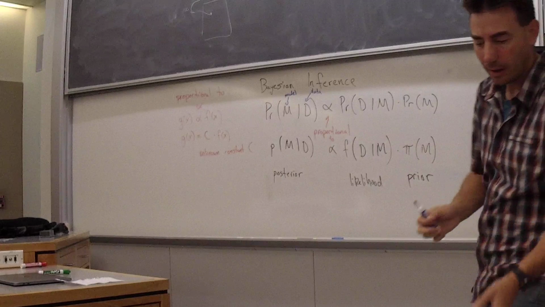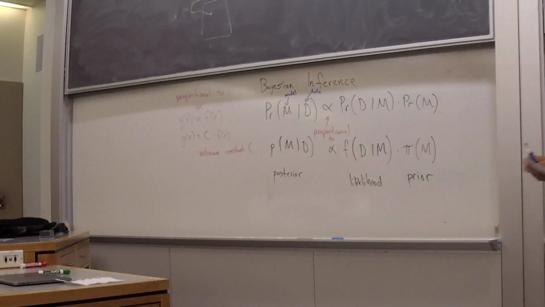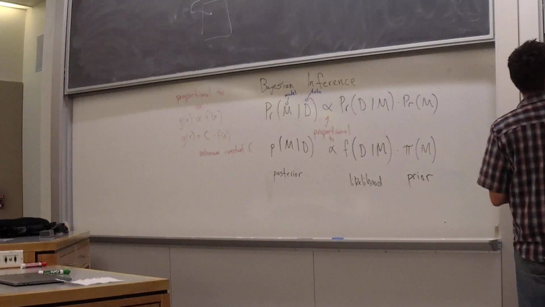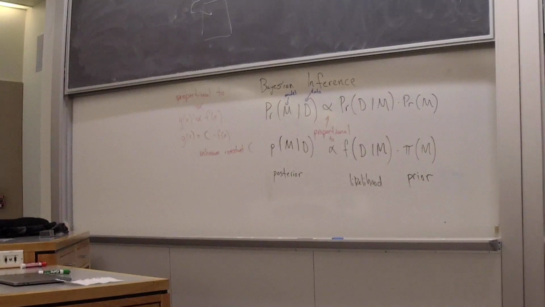Okay, so let's say that I have a prior though. That I read some study online, that I think the model of the average height is a normal distribution with mean 66 inches and a standard deviation of 6 inches.